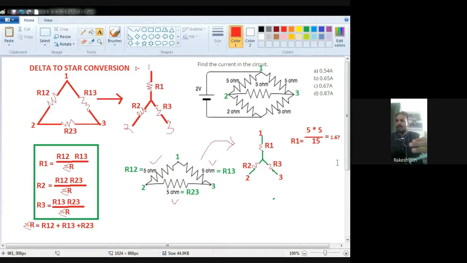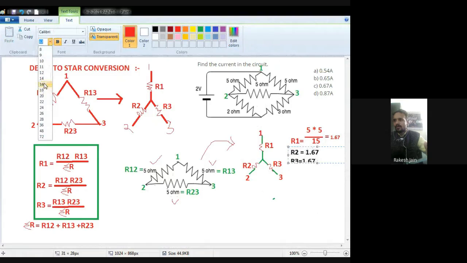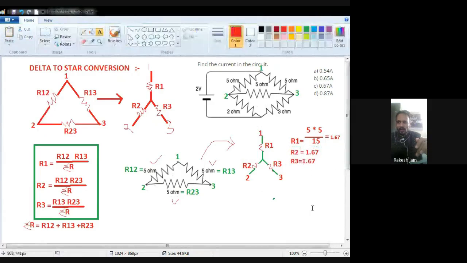Because this is a simple question which I take right now, all these three resistances are of 5 ohm. Otherwise, let's suppose you take the bottom 5 ohm, 2 ohm and 3 ohm, then the R1, R2 and R3 values will be different, right? So I just take the above delta, then after the completion of this we can choose the lower delta to solve this question.